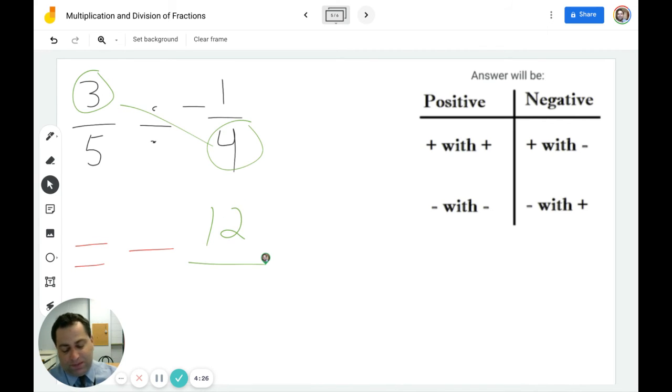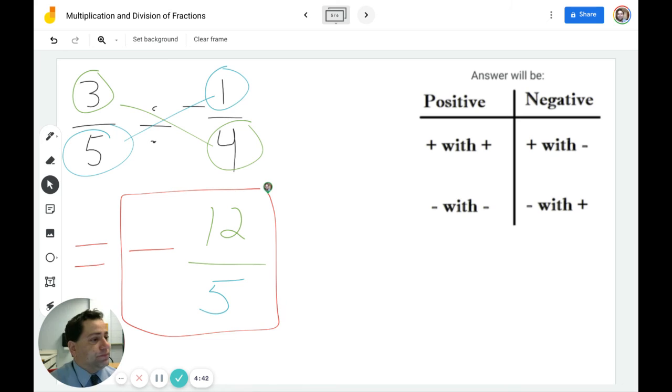That goes in the top. I then go to the upper right, multiplying by the lower left. I have 1 times 5. That's going to be 5. That goes in the bottom. And negative 12/5 can't be simplified, so that is going to be our answer.